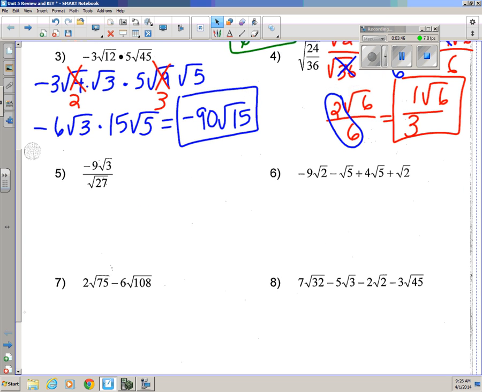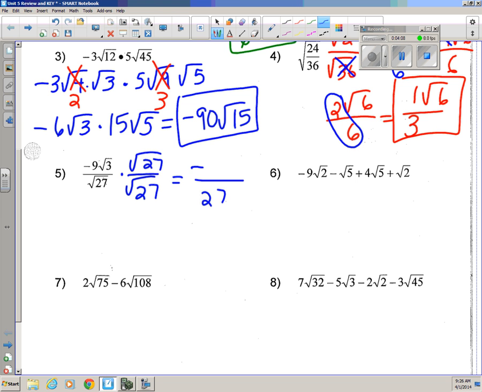Okay. Number 5, square root 27 is not a perfect square. So in this case, I'm going to rationalize. I'm going to multiply both the top and the bottom by the square root of 27. The reason I'm doing that is because that makes the radical on the bottom disappear. So on the bottom, it just becomes radical 27.